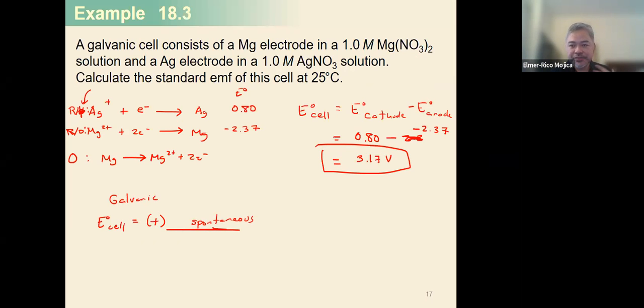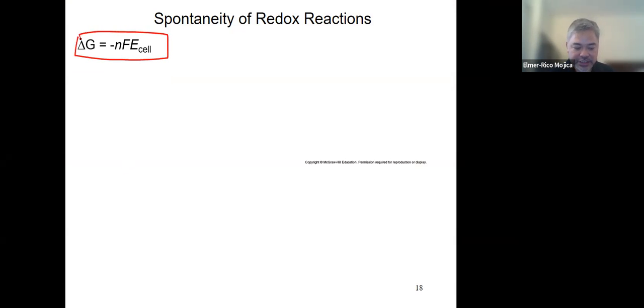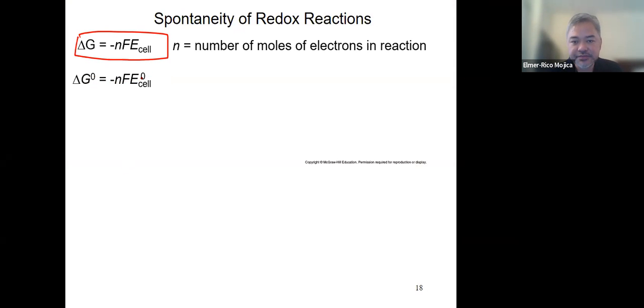Now, if we look at the relationship of this spontaneity with the redox reaction, we end up with this one: delta G is equal to negative nF E cell. And if we want it in terms of the standard state, that's delta G degree equals negative n times F times E degree, the standard state.